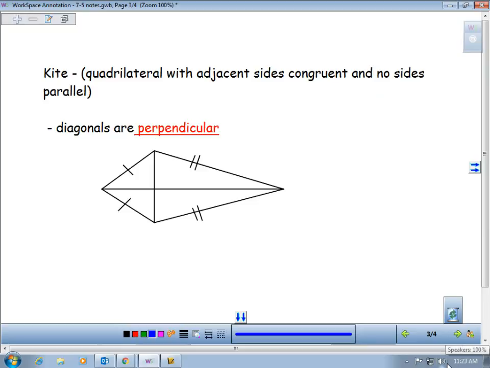Okay, let's talk about a kite now. And I did put the definition of a kite up here. It's been a while since we talked about it. But guys, a kite is a quadrilateral with adjacent sides that are congruent, and you have no sides that are parallel.